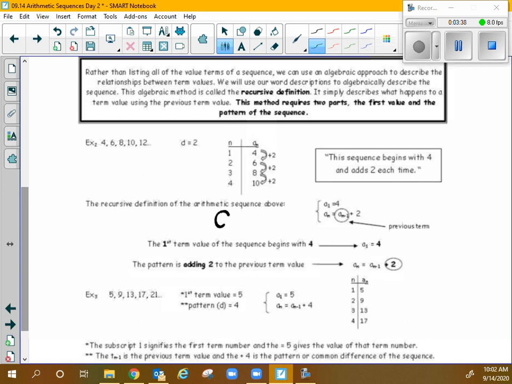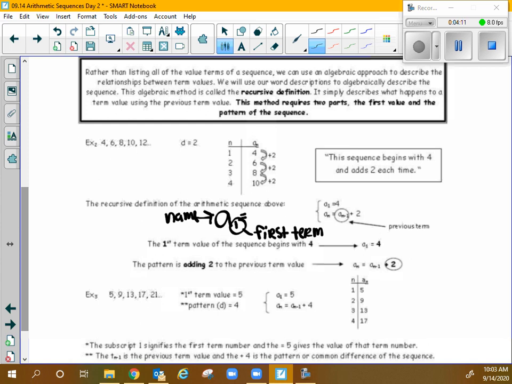So remember A of 1, this is the name of the sequence, and this is the first term, that is the position. So the name of the sequence is A, you're looking for the first term. So the first term is 4, that's where I start. So every term after that would be A of n minus 1 plus 2.